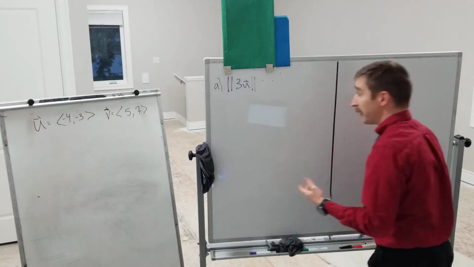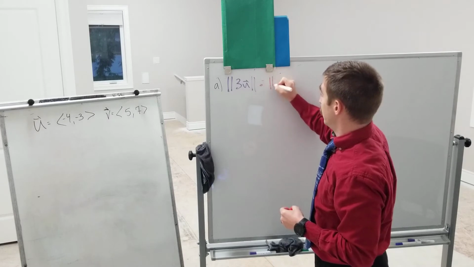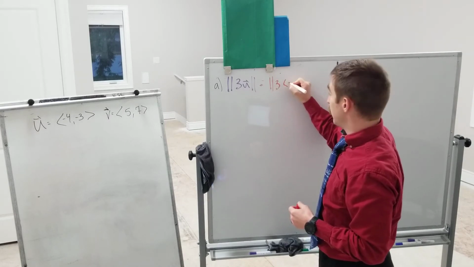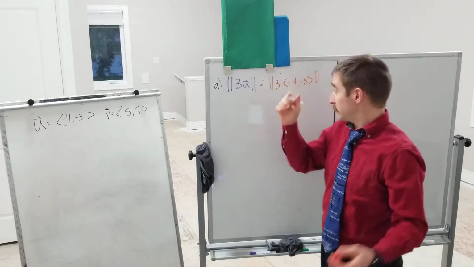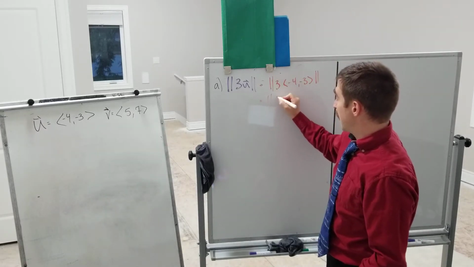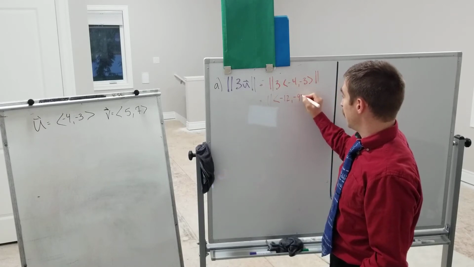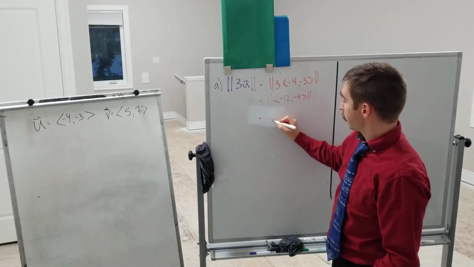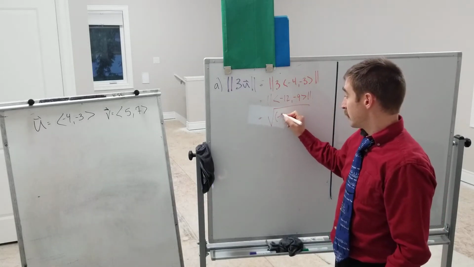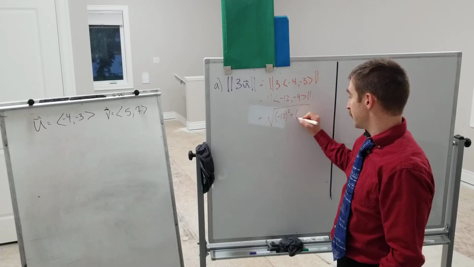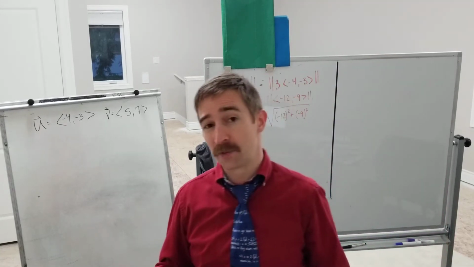So here, if I'm finding the magnitude of 3u, I'm going to find the magnitude of 3 times -4, -3, right? Which is the magnitude of -12, -9, which is the square root of the sum of the squares. So -12 squared plus -9 squared. It doesn't actually matter if you use a -12 or a -9.